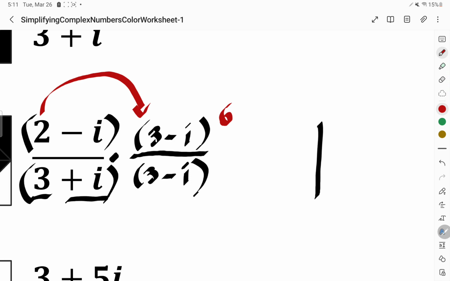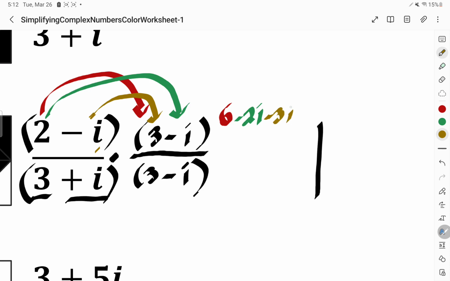And then 2 times negative I is negative 2i. After that, we're going to get this I right here. Then I times 3 is going to be negative 3i.